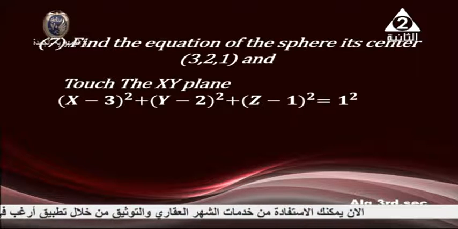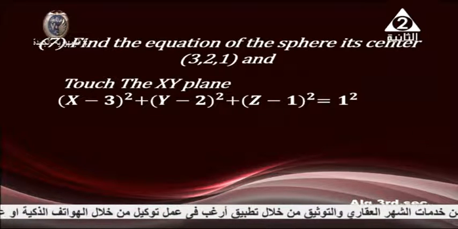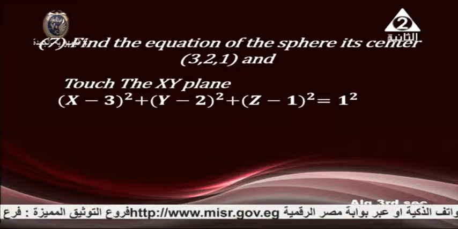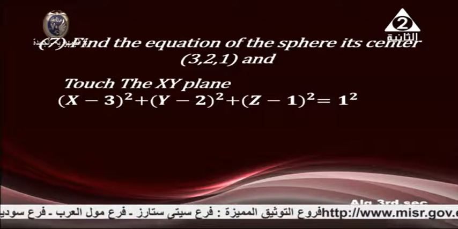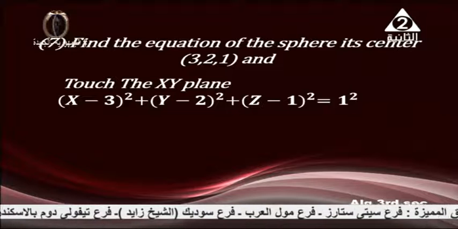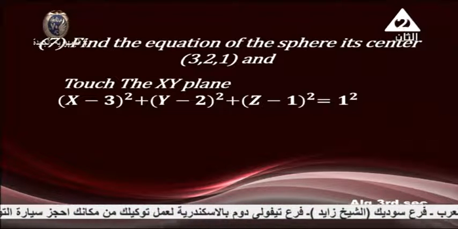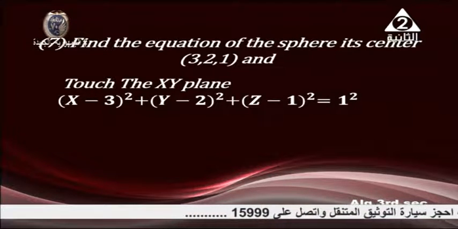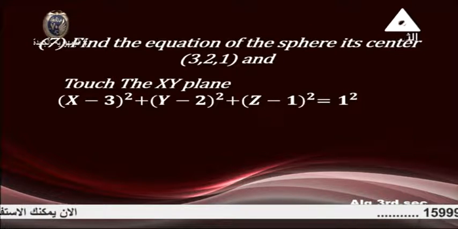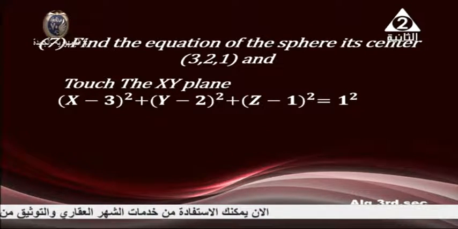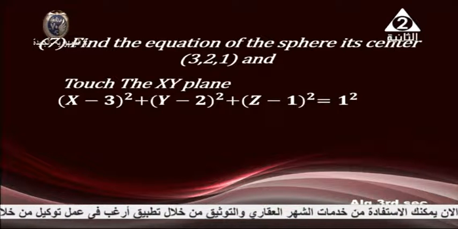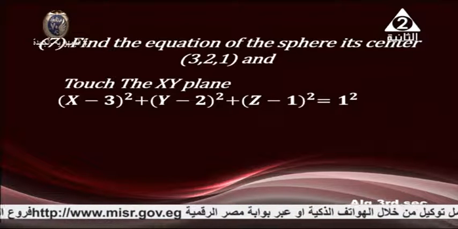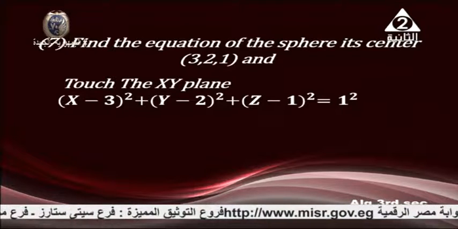Look at 3, 2, 1. This is the center of the sphere, but this sphere touches the plane xy. Therefore, radius equals absolute z, which equals 1. Therefore, for the equation of the sphere, we have the center and the radius: radius 1, center 3, 2, 1. Therefore, the standard equation is (x minus 3) to the power 2 plus (y minus 2) to the power 2 plus (z minus 1) to the power 2 equals 1 power 2, or equals 1.